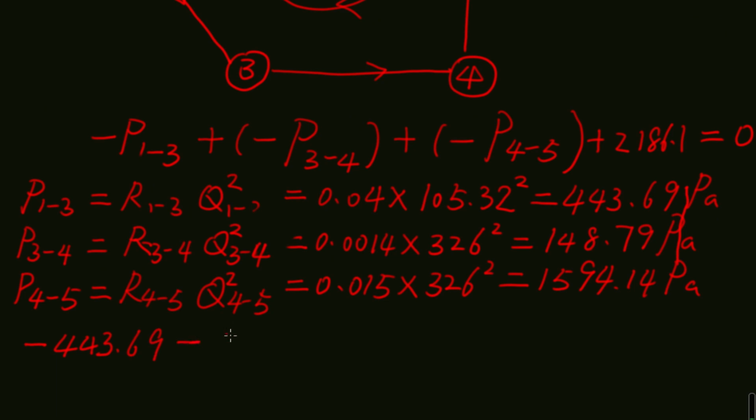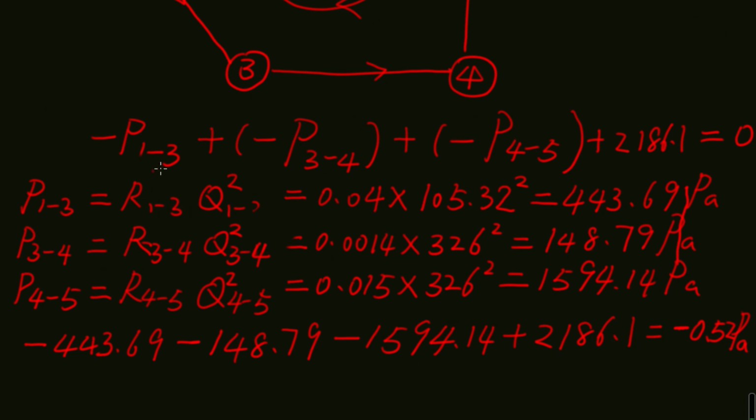If we plug in all these numbers to this equation, that is negative 443.69 minus 148.79 minus 1594.14 plus 2186.1. If we do the calculation, that equals negative 0.52 Pascal. But Kirchhoff's second law says the result is supposed to be 0.